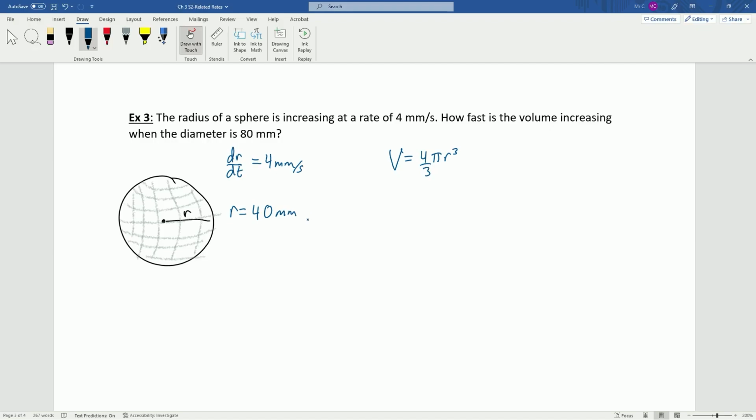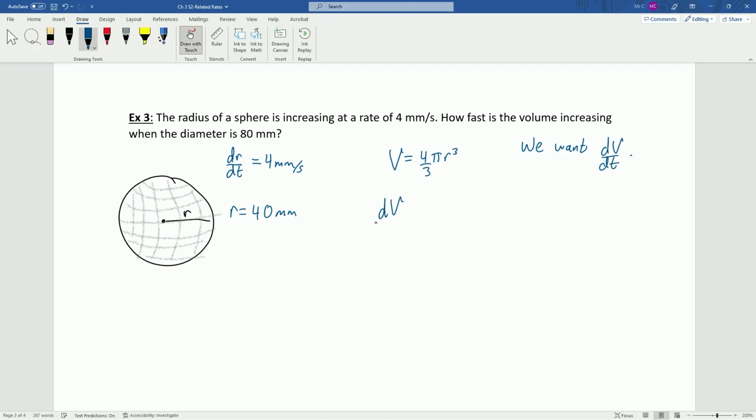Okay, so we've picked variables, we've picked notation, we've expressed our information in terms of that notation. Now, what are we asking for? How fast is the volume increasing? So we want dV/dt. Okay, well, we have everything we need then. So first, let's start by taking our derivative. So we've got V equals 4/3 pi r cubed.